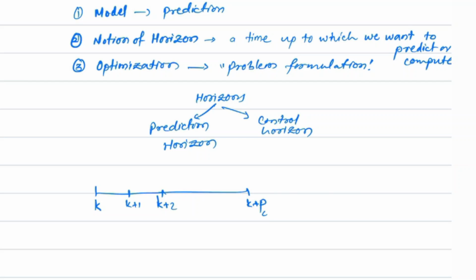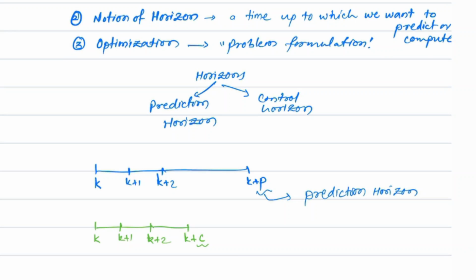So this p is your prediction horizon, and say you are at k, so you are looking up to some time in future c, which we can call as control horizon.